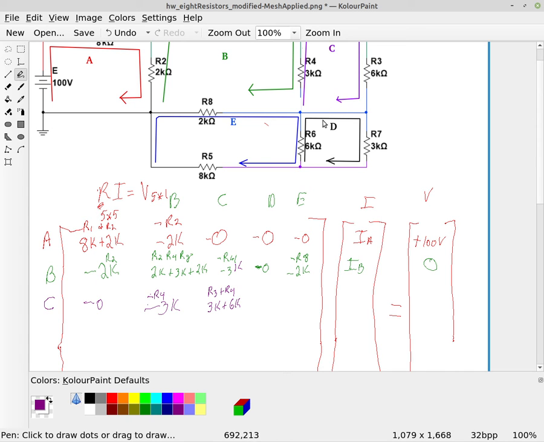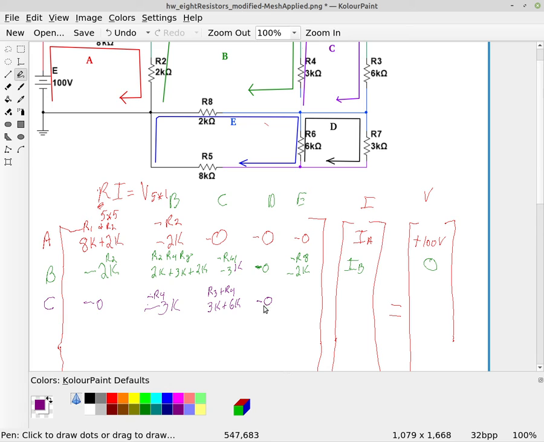Now, C and D do touch, but they don't actually share a resistance. Okay, so there's no resistor here. It's just a conductor that we assume has zero resistance. And so C and D, this is the C row but the D column, those do touch, but there's nothing there but conductor.